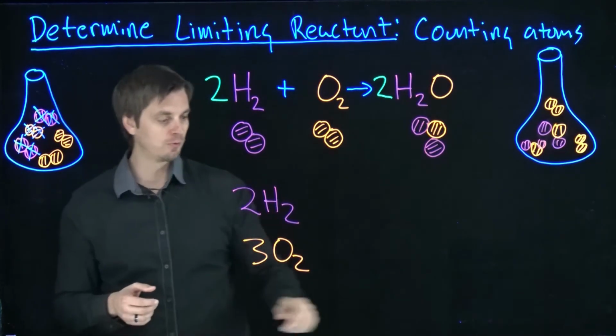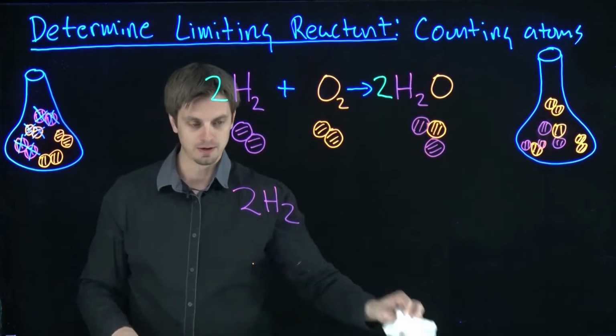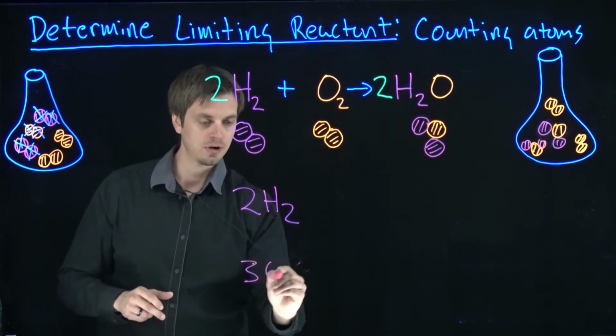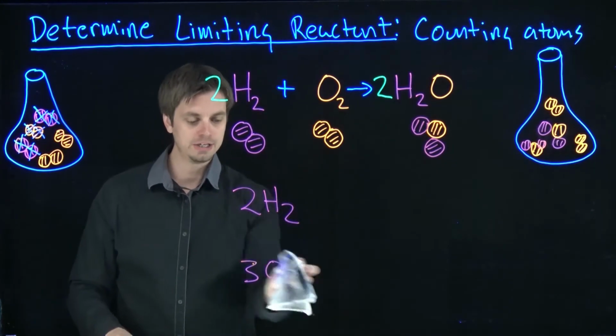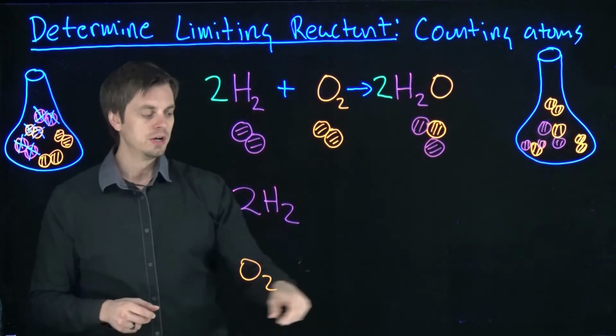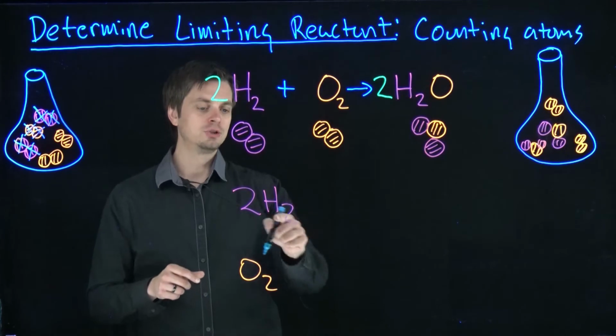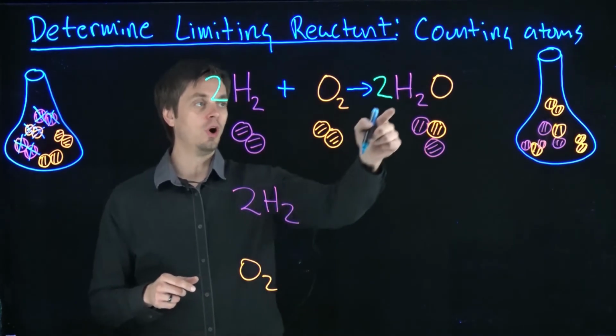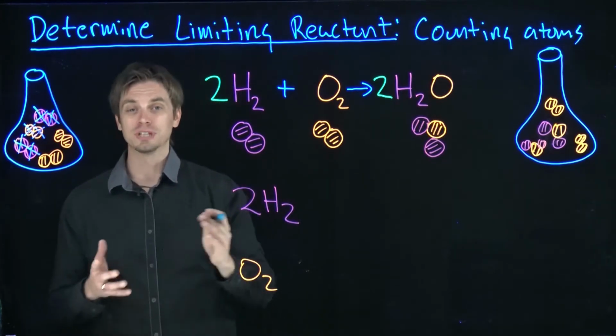So let's go ahead and move forward with that. Maybe get a little bit more room down here. So we'll start off first with our H2 molecules, and we've got 2 of them. Our first task now is to convert H2 molecules ultimately into product molecules, H2O.